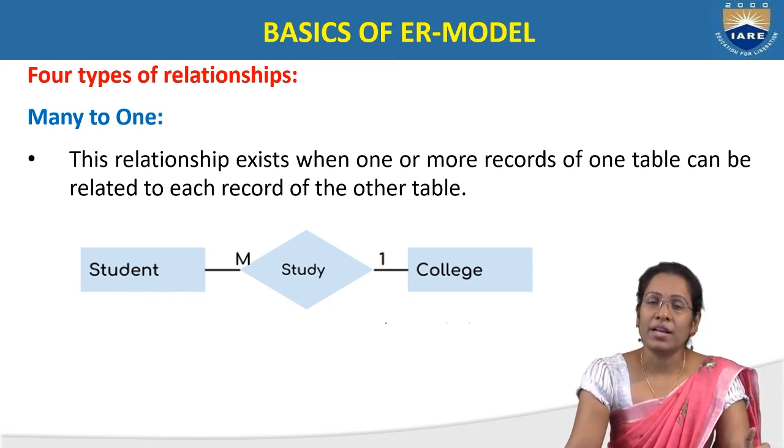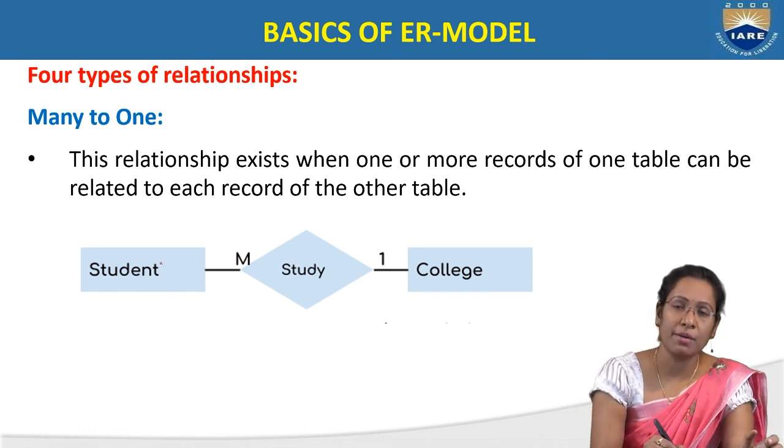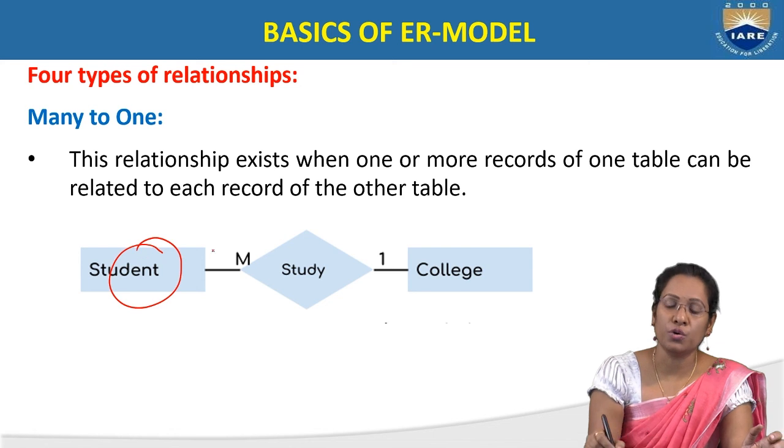So here one college can maintain the data of n number of students who are studying there, but a college cannot maintain the data of another college's students. So one college can maintain only the students who are studying under their college. So here the students are nothing but n number of students linked to one college.